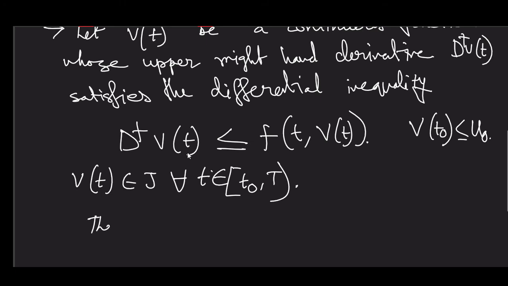Then V(t) is bounded above by u(t), that is V(t) is less than or equal to u(t) for all t belonging to [t0, T).